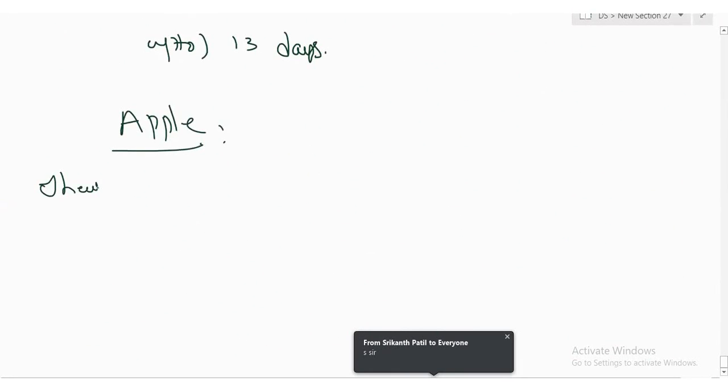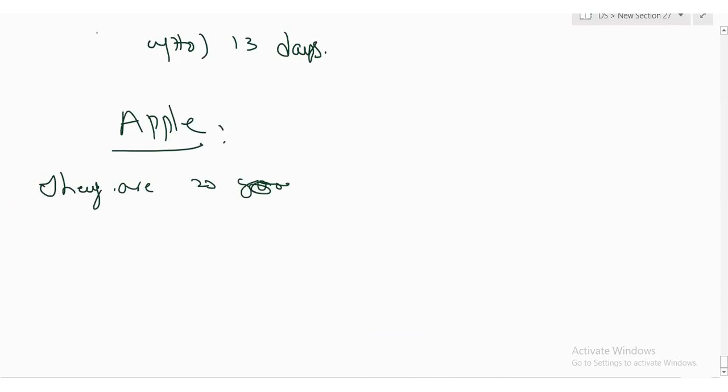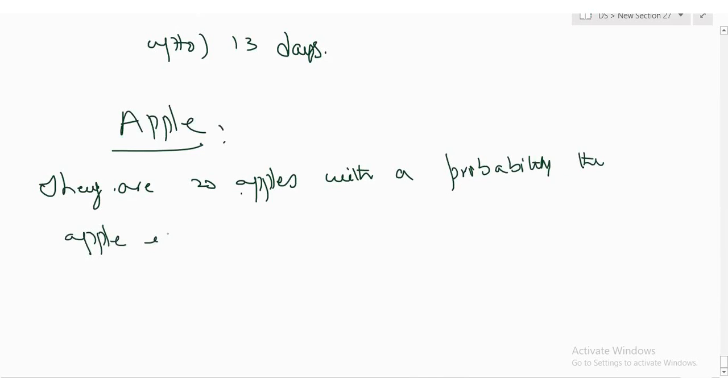There are 20 apples, with a probability that the apple is good, it's 0.9. Okay, what is the meaning of this?